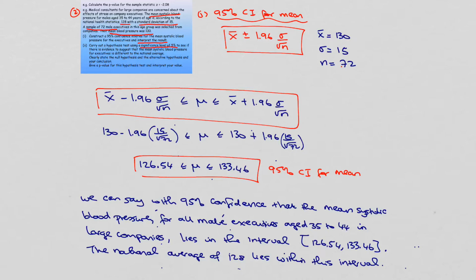So therefore we would say we fail to reject the null hypothesis. But of course it's saying here significance level of 5%, and because this example is with respect to our test statistic, we're going to go and do the test statistic for this.